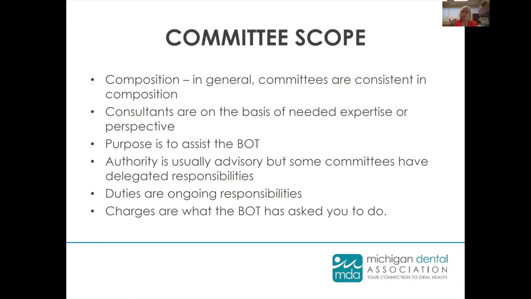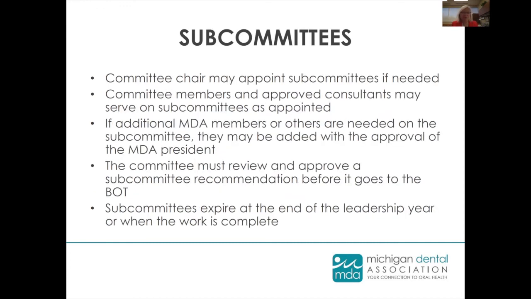So how can you do your work? One way is through subcommittees or work groups. A committee chair may appoint a subcommittee if they think it is needed, and any currently serving committee member or approved consultant may serve on a subcommittee as appointed by the committee chair.